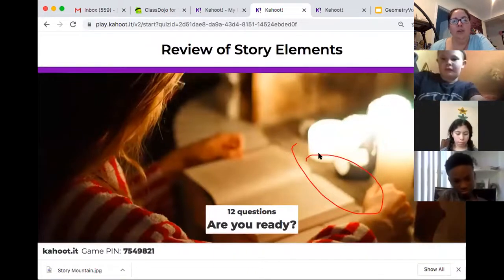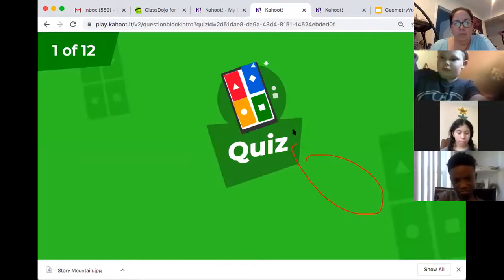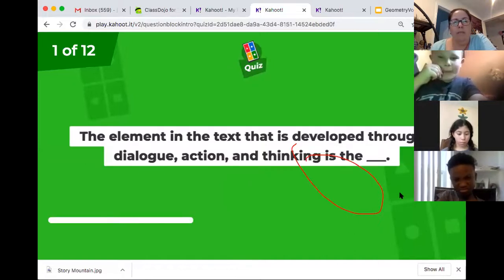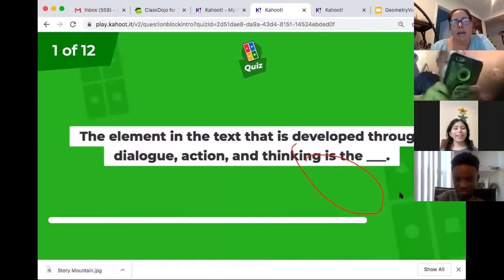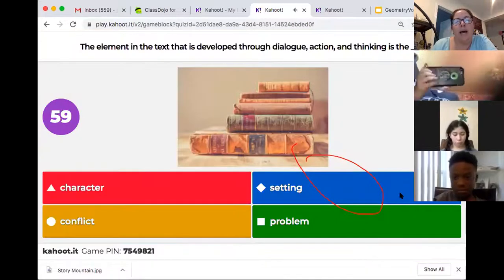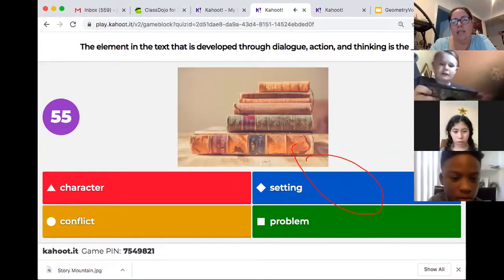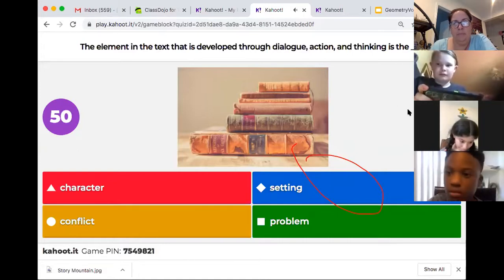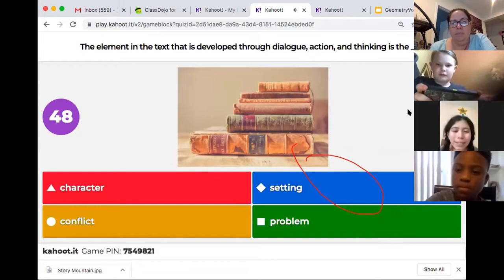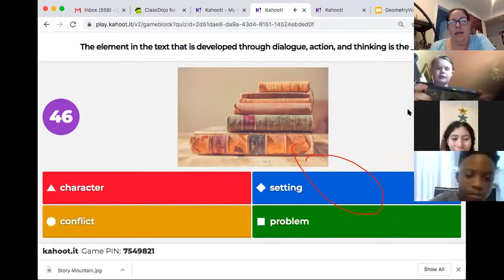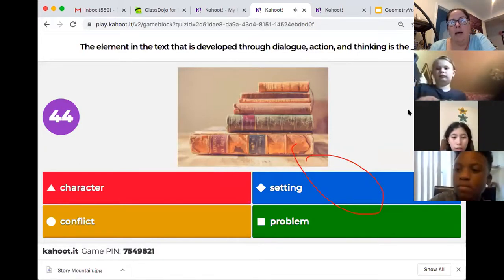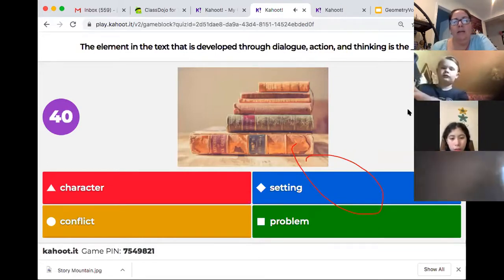Story elements review. I didn't know which one I picked. All right. The element in the text that is developed through dialogue, action, and thinking is the what? The element in the text that is developed through dialogue, action, and thinking is the.